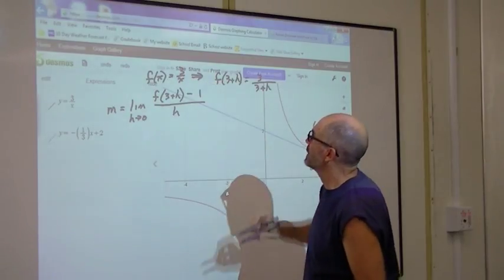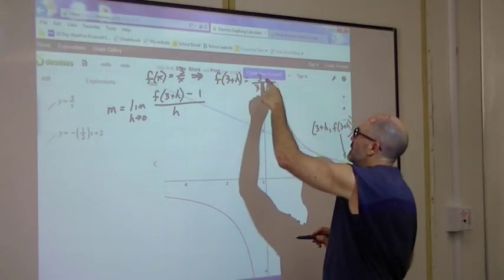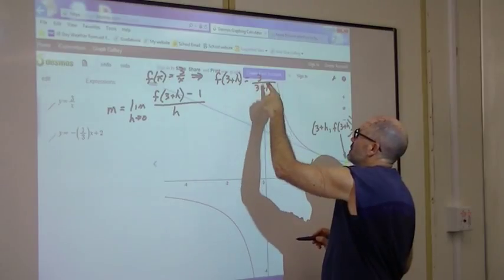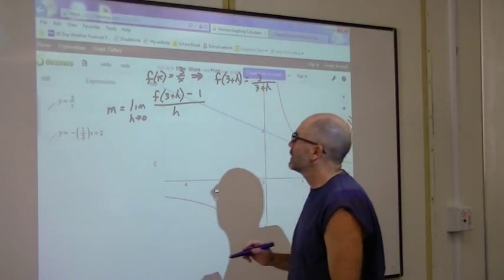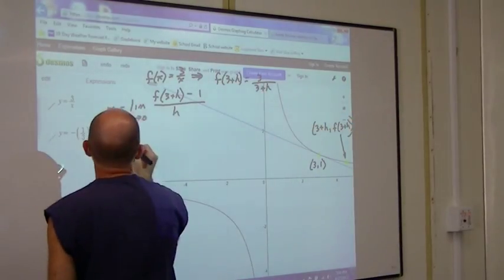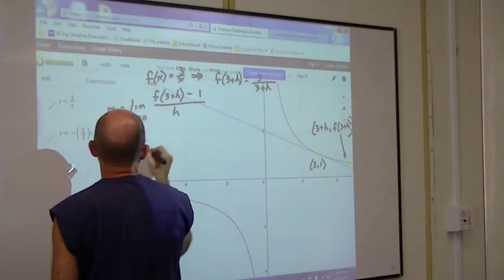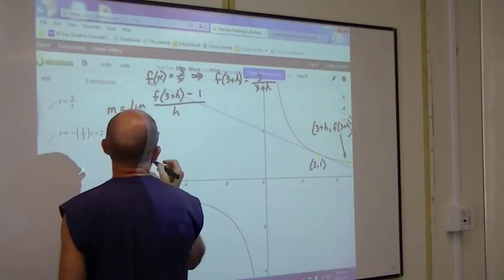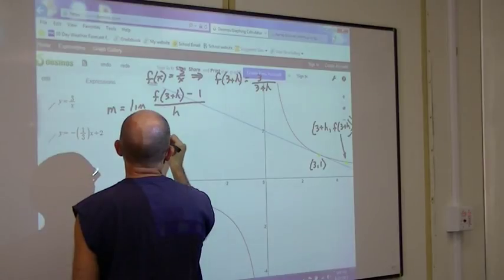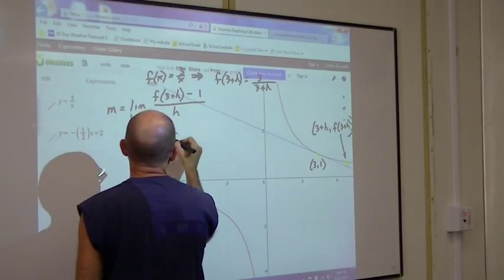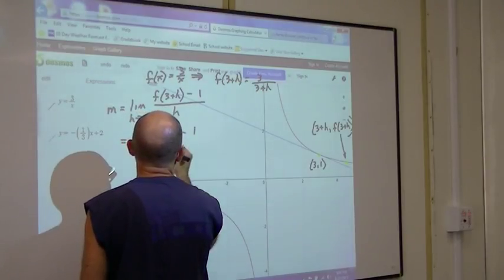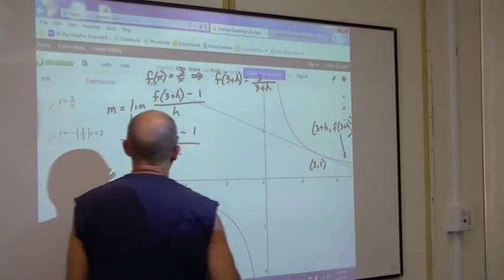If you've got 3 over x as your function, I want to plug in 3 plus h. Now I have f of 3 plus h is 3 over 3 plus h. So that means my slope is going to equal the limit as h approaches 0 of 3 over 3 plus h minus 1 all divided by h.